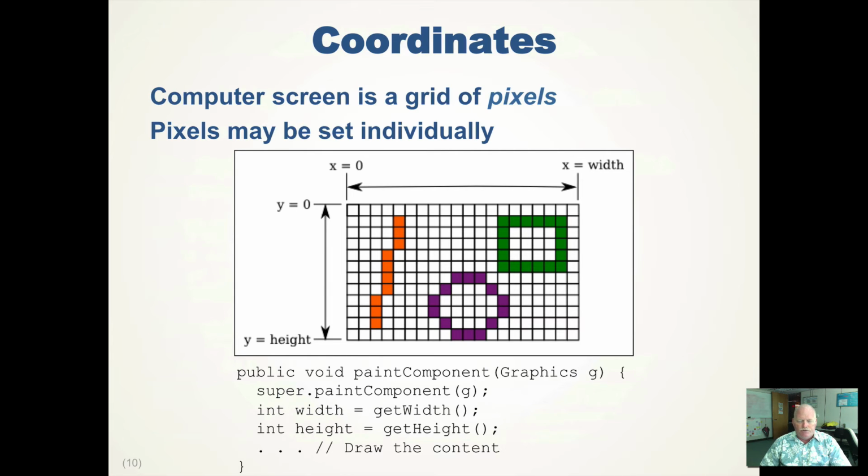And so if you want to figure out how big your component is, your individual panel that's going to be rendered on the screen, you can call the method getWidth, which will get the width of that individual component. And you can get the height by calling getHeight. So now imagine you had a drawing and the user resized your screen.